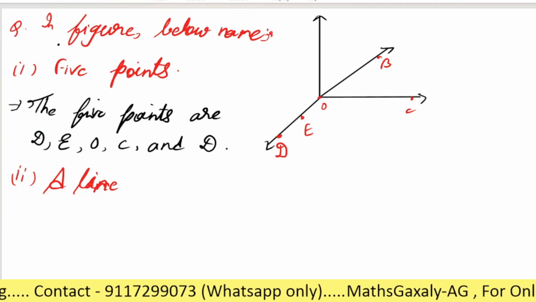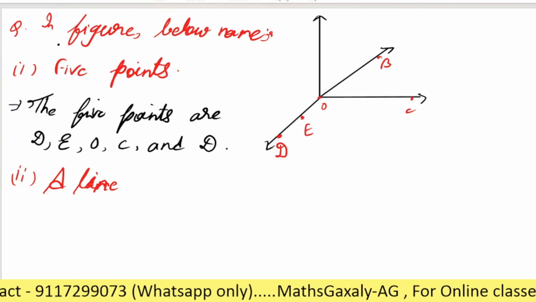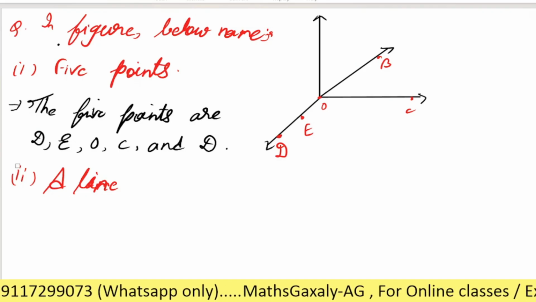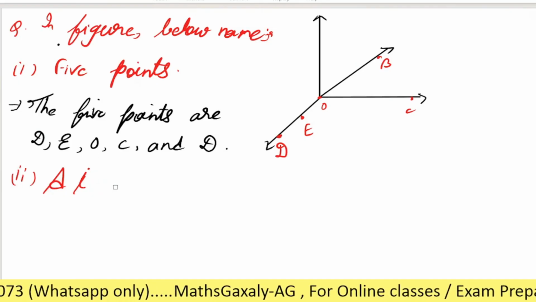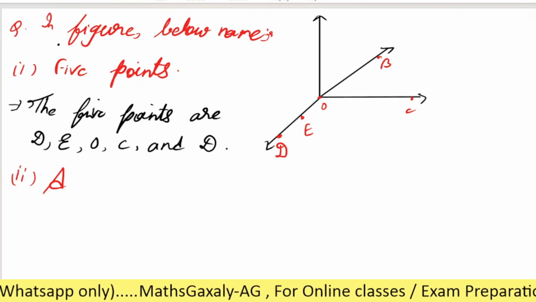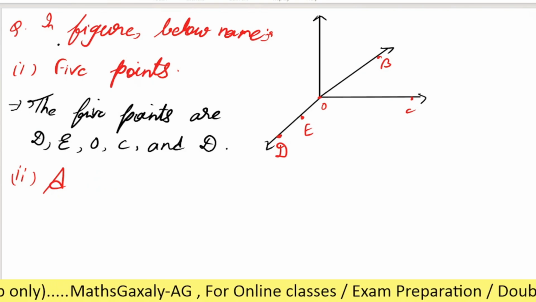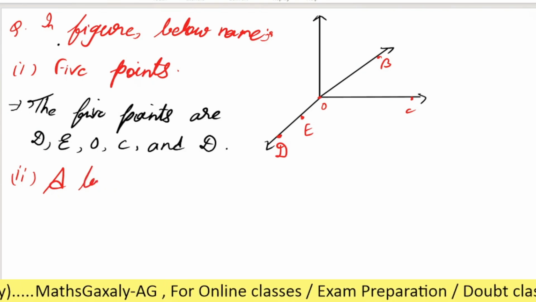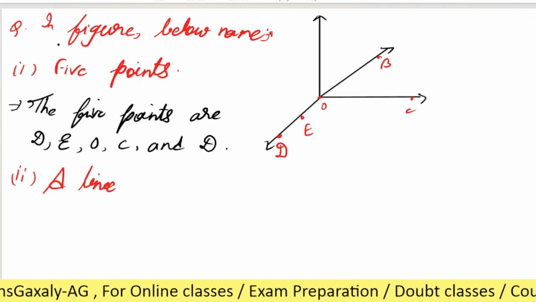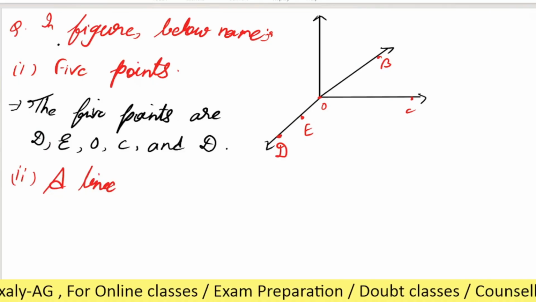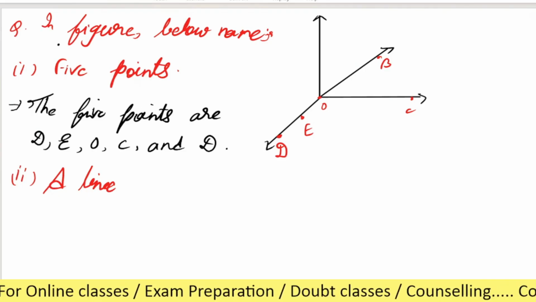What is the definition of a line? A line has no end points, and it can stretch to infinity in both directions. It has no endpoint, right? Yes, sir.